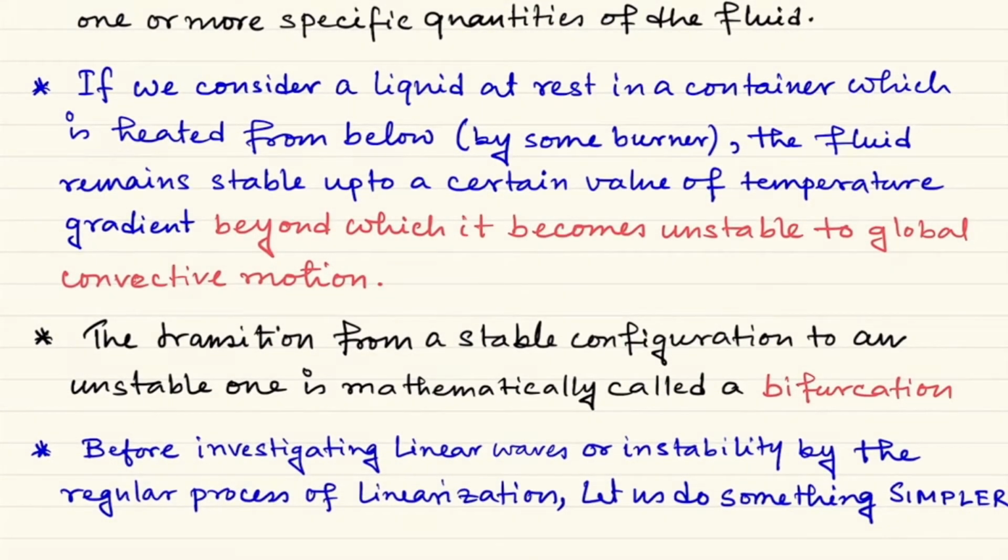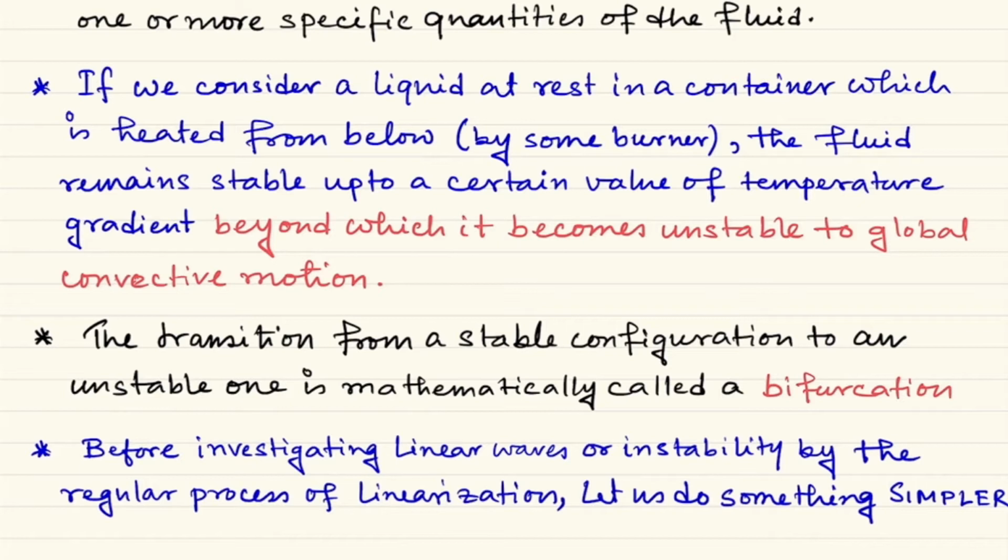Now this convective motion basically designates the transition from the stable steady state to the unstable steady state. If your system is perturbed with respect to a state where the heat was conducted just by conduction, then any small perturbation could die out because of some linear modes.